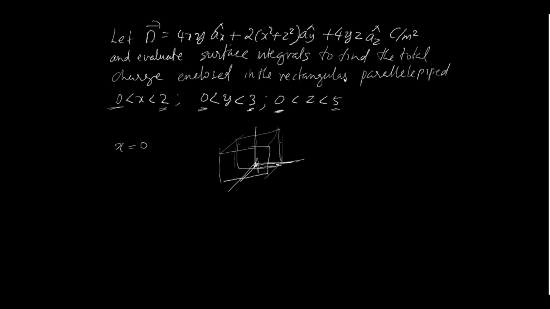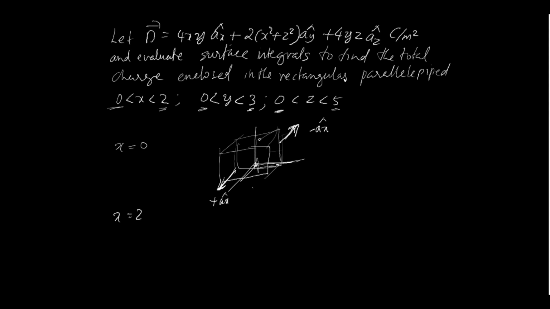So at x equal to 0, the unit vector is in the direction minus ax cap, and at x equal to 2, the unit vector is plus ax cap, because we are enclosing it with this surface and we assume that the fluxes are moving outside.